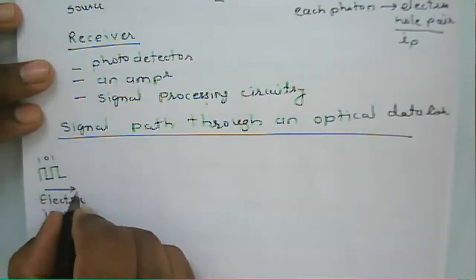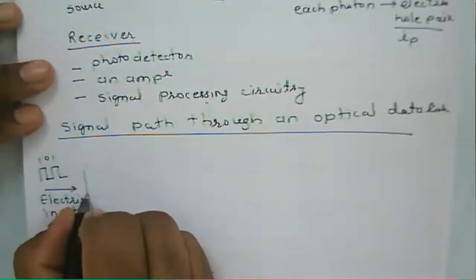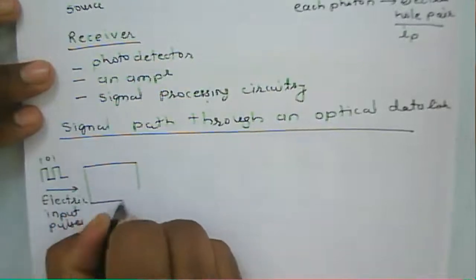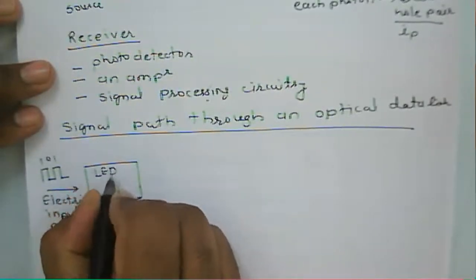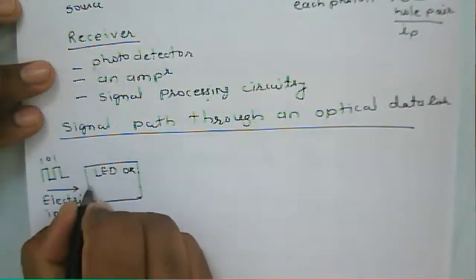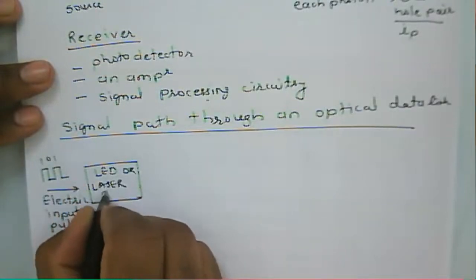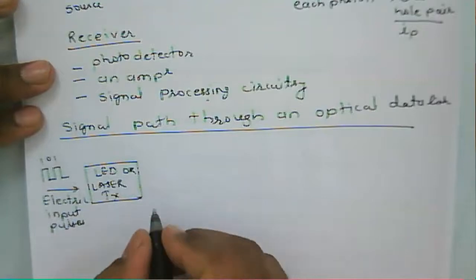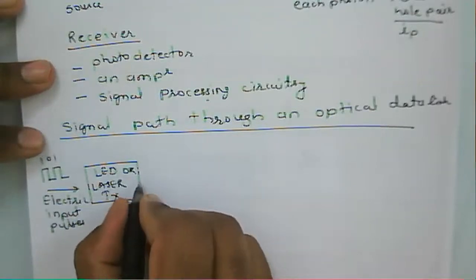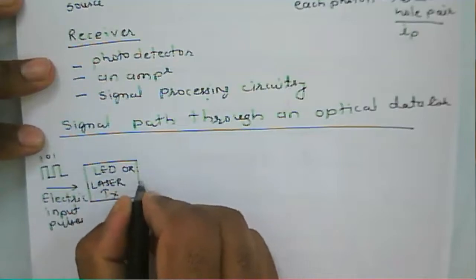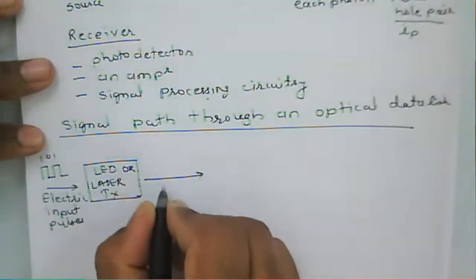Those pulses are the input to your source, which can be a LED or a laser, and that acts as the transmitter there. And from that optical source, it produces optical power pulses.